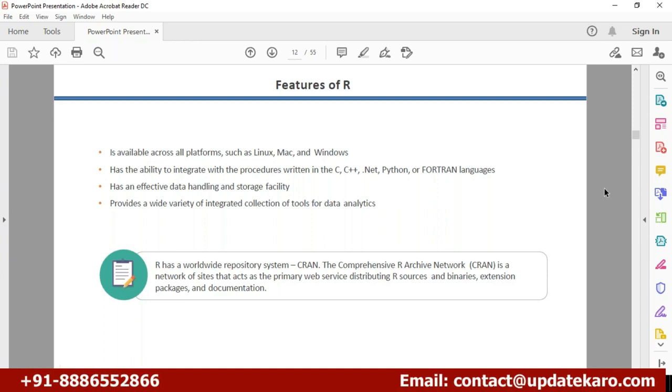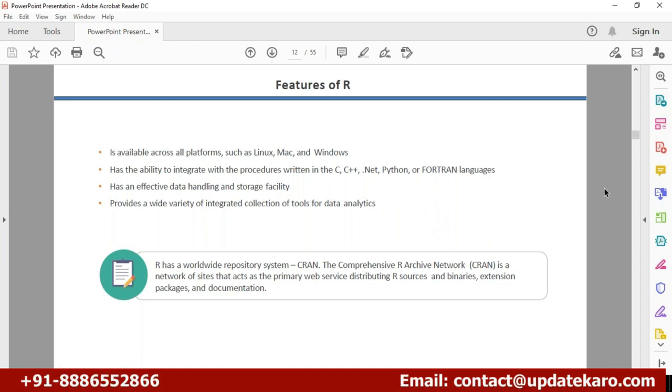So all the procedures that are written in other programming languages can be integrated into R very easily. That is also one of the biggest advantages of R, and it has an effective data handling and storage facility.